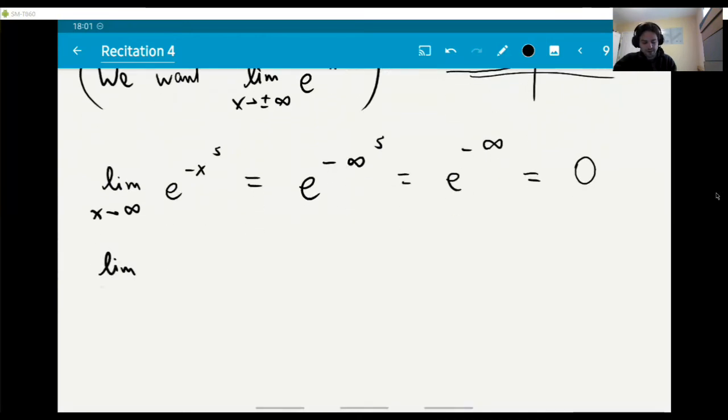And what is the limit as x goes to minus infinity? Be careful with your parentheses here now. There is a minus on the function, but now x is minus infinity. And we're going to do the same reasoning here, but what is minus infinity to the 5?